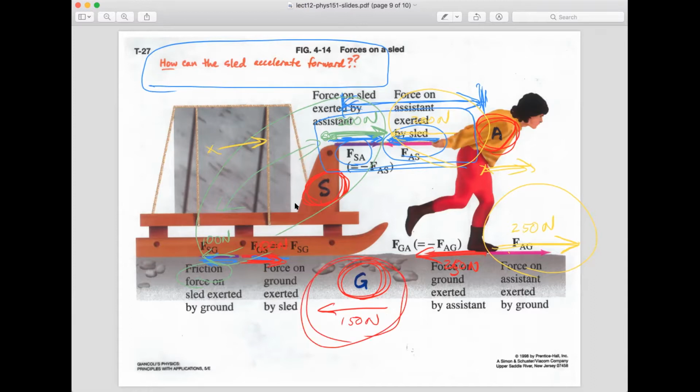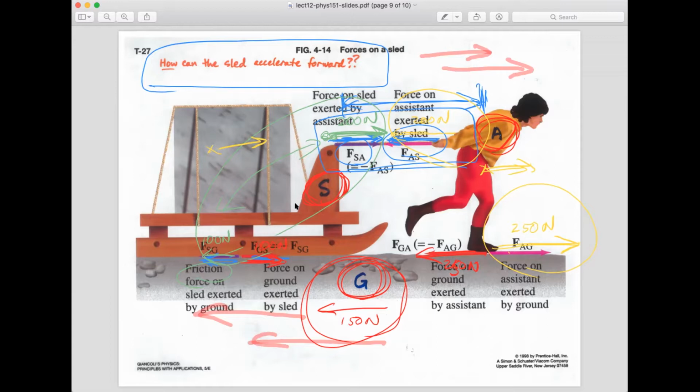If this were a really tiny planet, then what we would find is that as people and objects on the planet move to the right, so let me try and get a big pen here, as people and objects on the planet move to the right, the ground will then move to the left at the same time. This is what happens if you ever stand up in a rowboat that's at rest, or on a skateboard that's at rest, and you try and start moving in one direction.